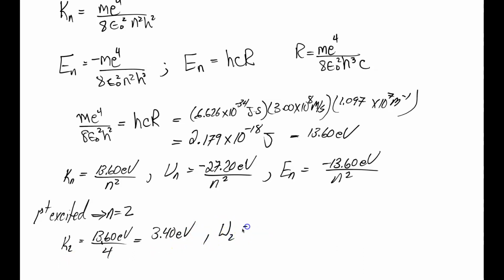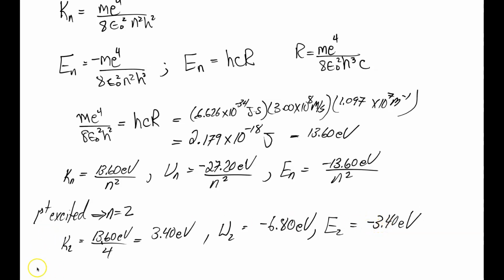U sub 2, following the same, would be negative 6.8 electron volts, and E sub 2 would equal minus 3.4 electron volts.